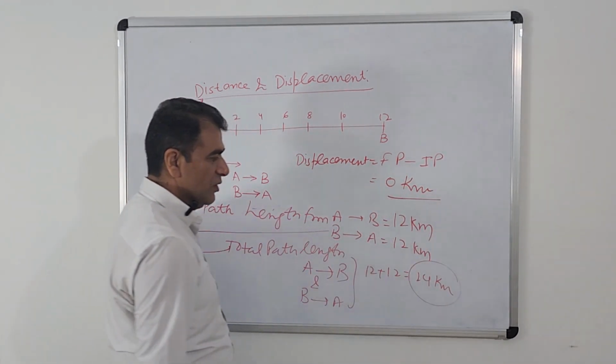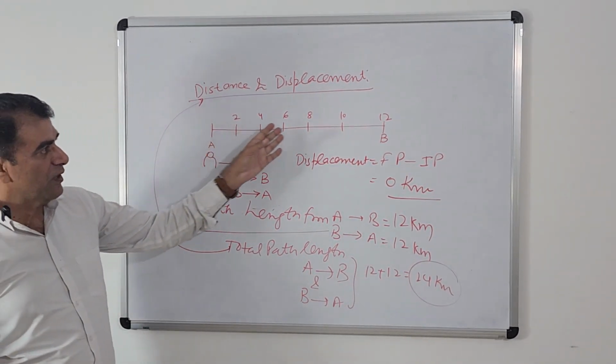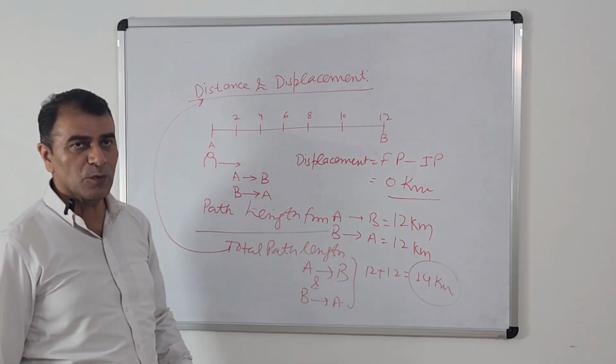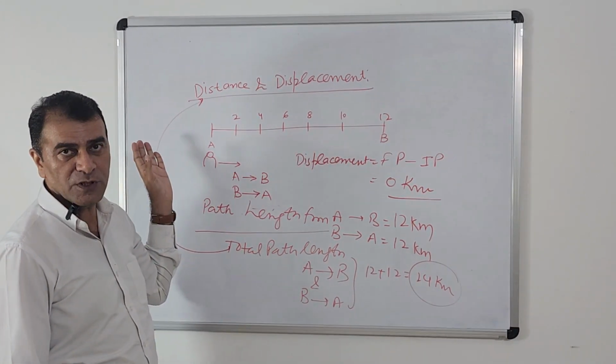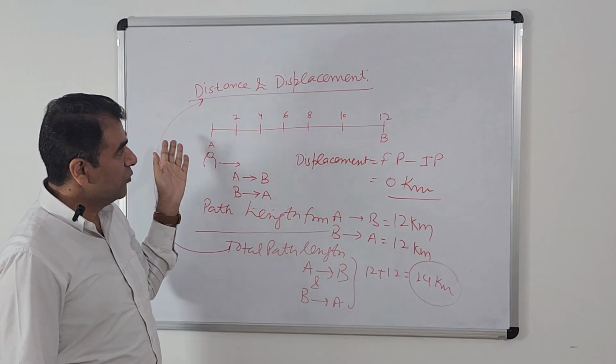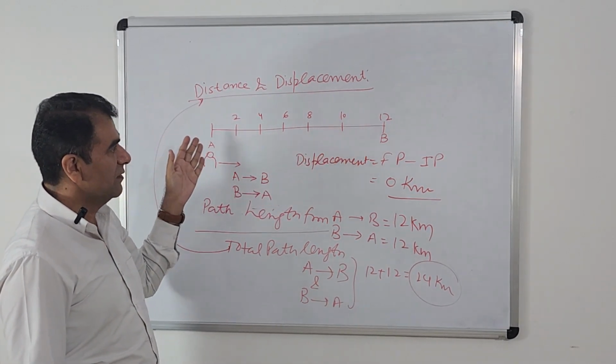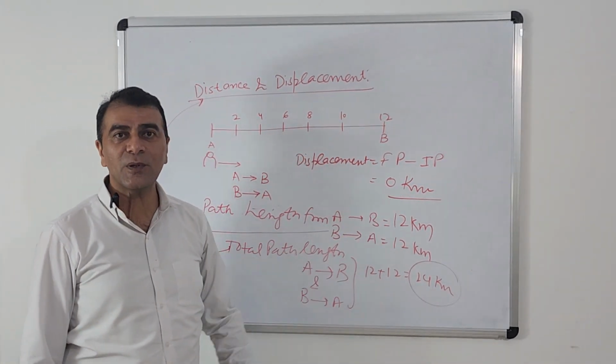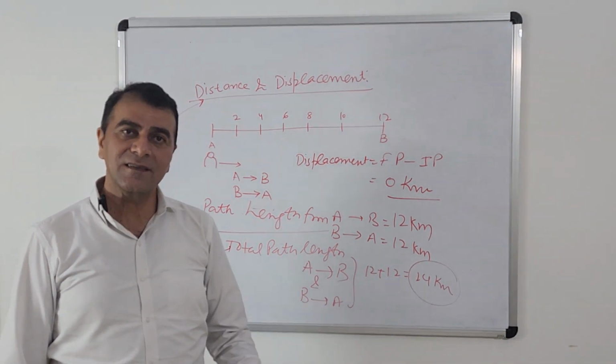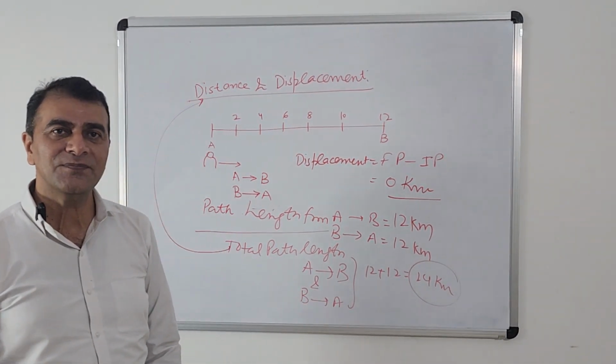Now this is somewhat strange. Distance from the same length is 24 kilometer for to and fro motion. But for to and fro motion, displacement is 0 kilometer. This is the beauty of physics.